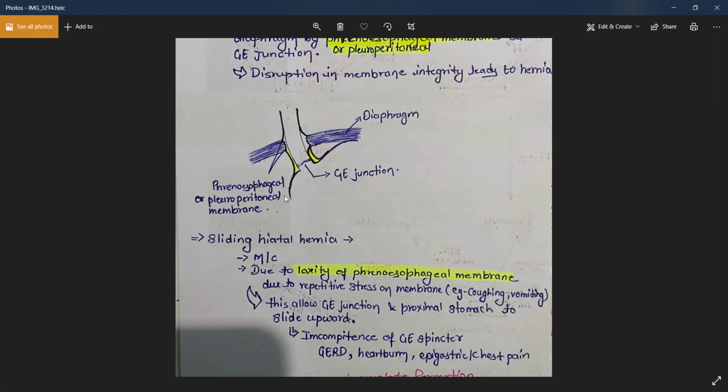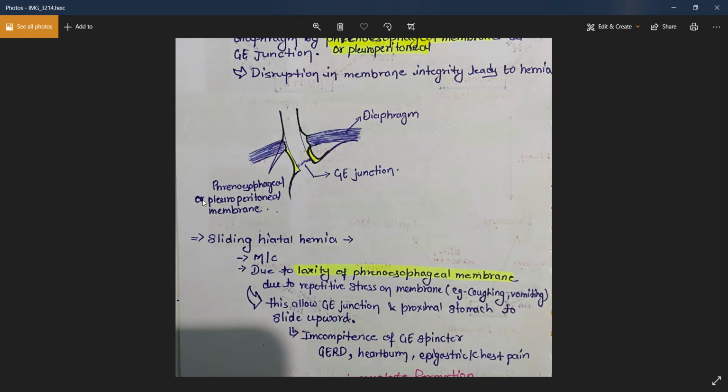Now, whenever a weakness is present in this membrane, which generally happens because of regular coughing, or regular straining, or it could be a case of GERD, what happens? A weakness of this membrane happens, and as a result, the esophagus will be shifted upwards, or slid upwards. Because of that, a sliding hiatal hernia occurs.